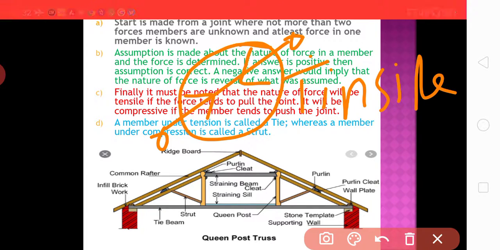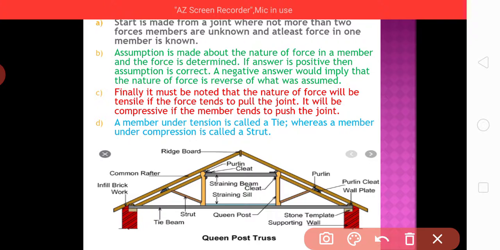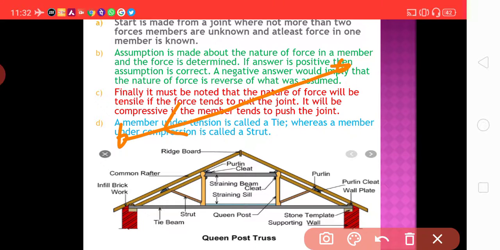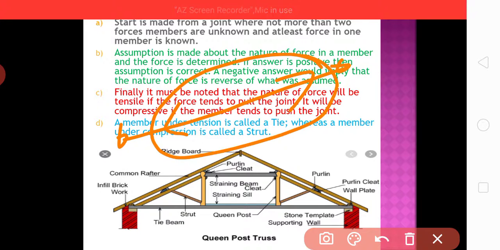Similarly, this is the joint, and this is pushing the joint. This joint is pushed by force. Again, this joint is pushed by force. Hence, this notation is for compressive load.